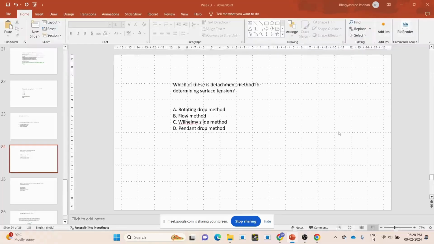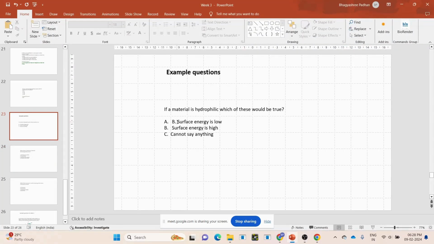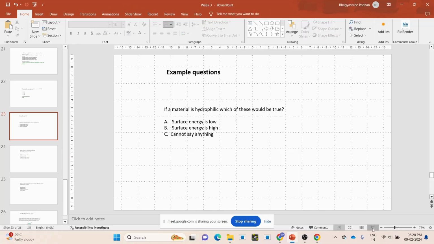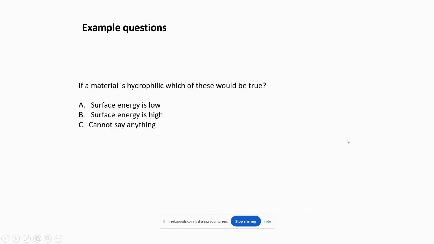Can you guys answer? I'm still audible, right? Yes. Okay. So if a material is hydrophilic, which of these would be true?